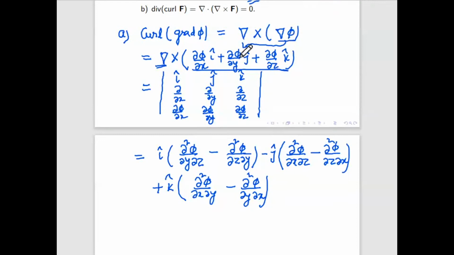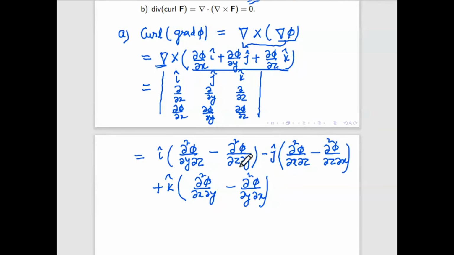So this grad means del by del x i cap, del by del y j cap, and del by del z k cap, because we are applying phi, so phi will come del phi by del x, del phi by del y, and del phi by del z. Because of this cross product, I took this determinant, and that determinant I calculated, it will come this one. So these are mixed derivatives. When will we say these mixed derivatives are equal?